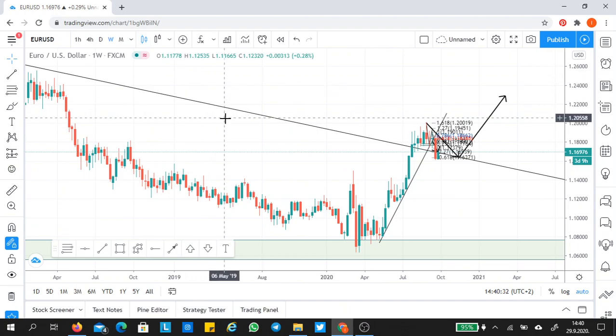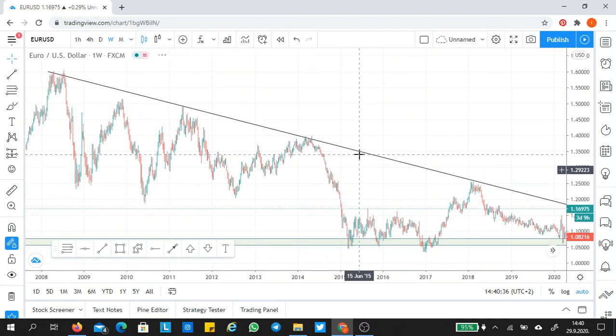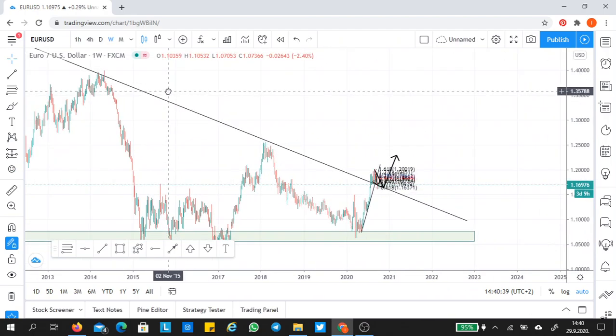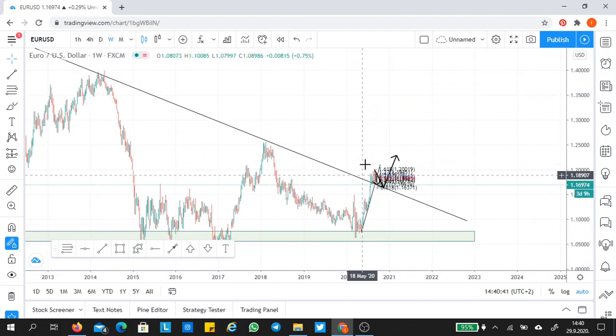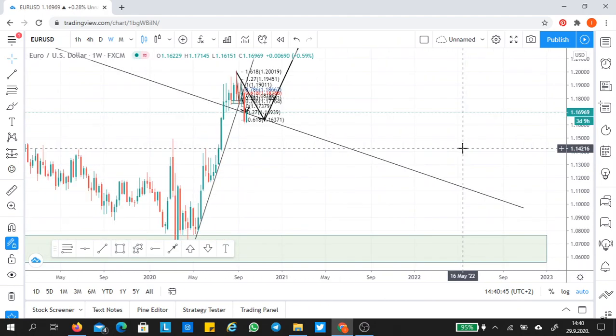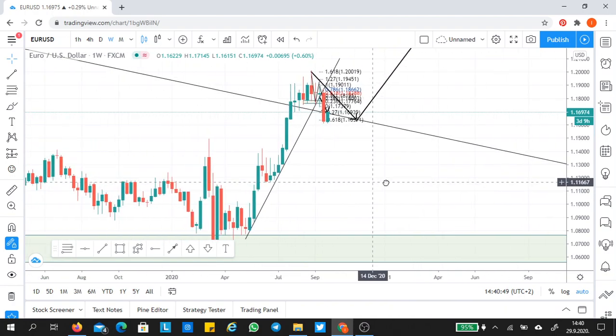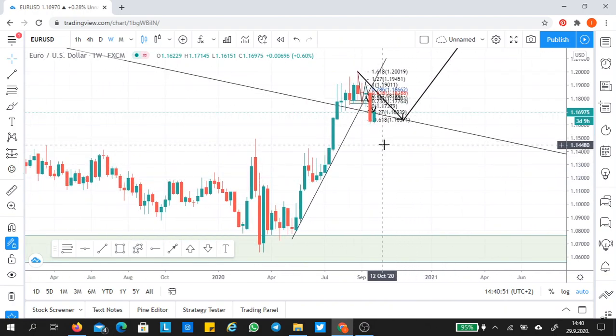On the weekly time scale, we have seen that the market pushed to the upside, we have talked about it already, and made a really nice pullback to the downside.